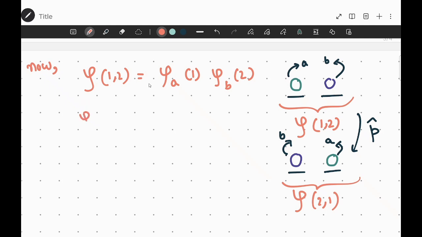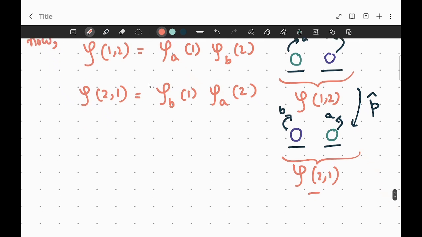Okay. So what will psi 2 1 be? If you want to write this, it is psi B1, psi A2. Or you can write it psi A2, psi B1, whatever you want. So this is the wave function.